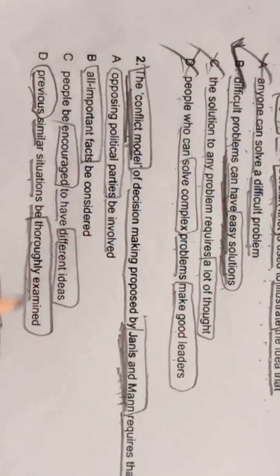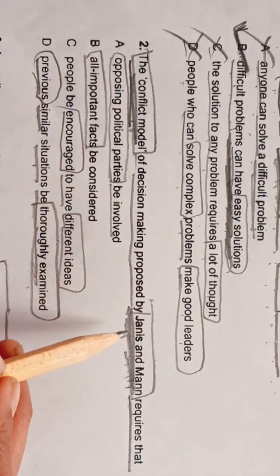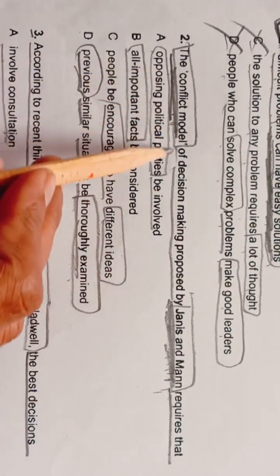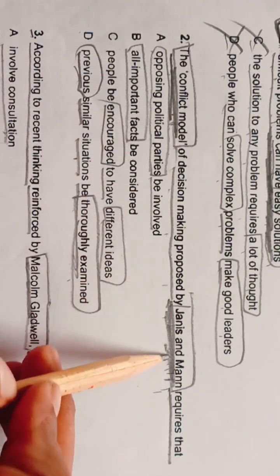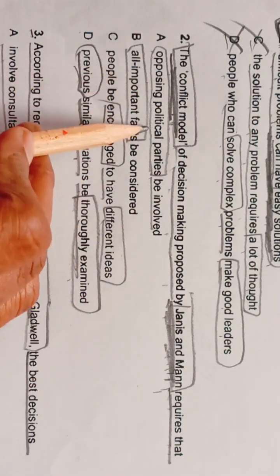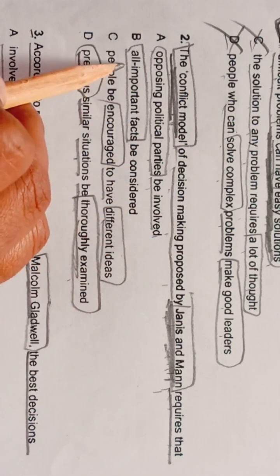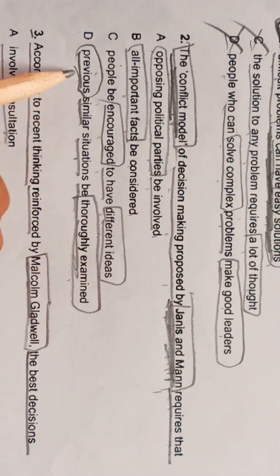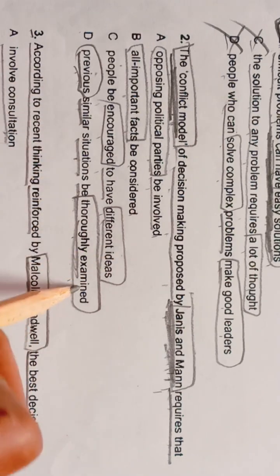So in our second question, our keyword is Janis and Mann. We have seen this. So let's see, the conflict model of decision making proposed by Janis and Mann required that opposing political parties be involved, all important facts be considered, people be encouraged to have different ideas, previous similar situation be thoroughly examined.